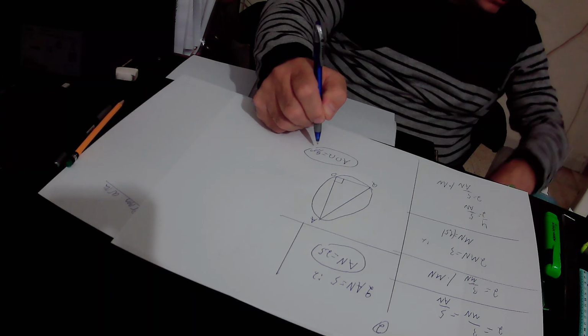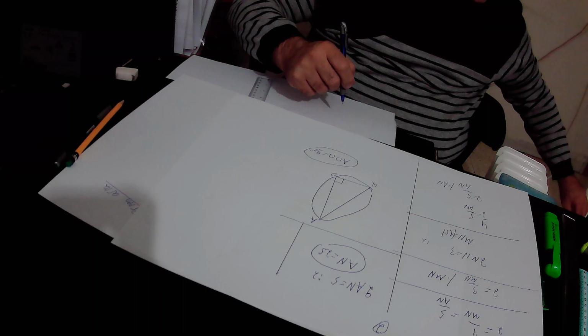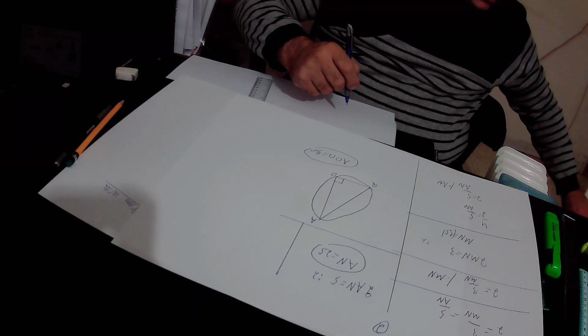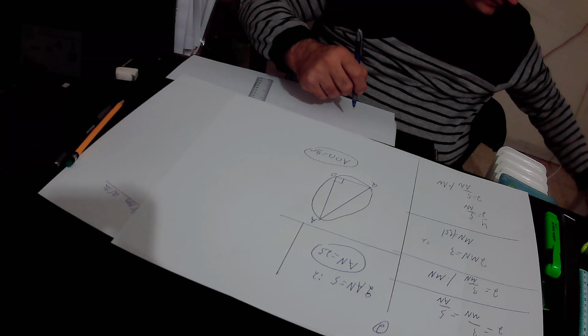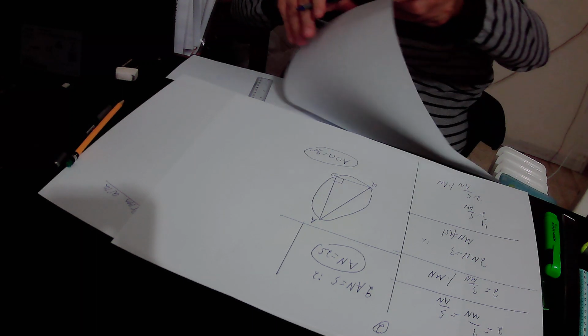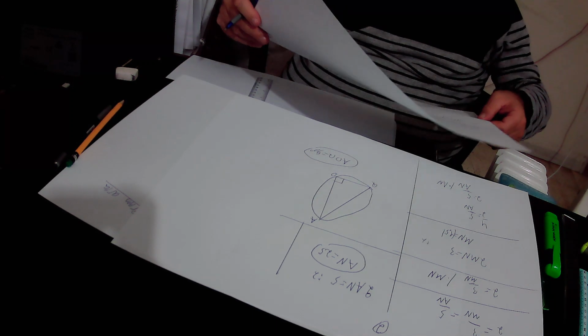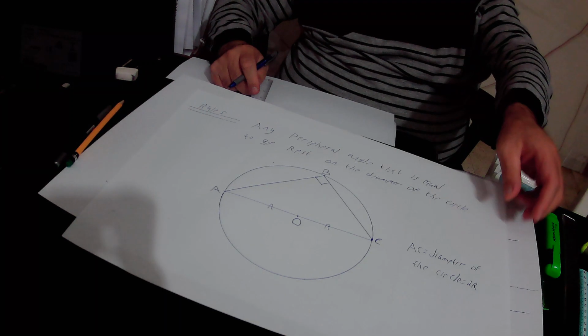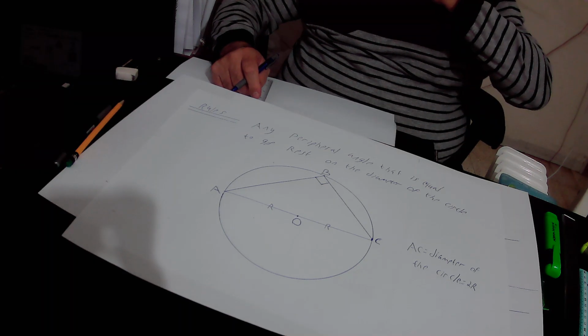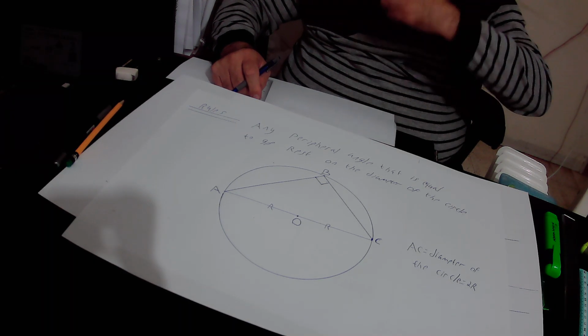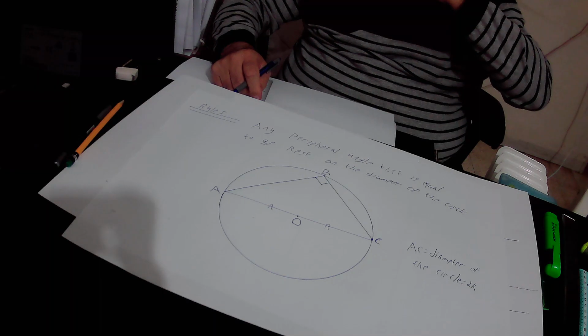Here we will implement rule number 5. According to rule number 5, any peripheral angle that is equal to 90 degrees rests on the diameter of the circle.